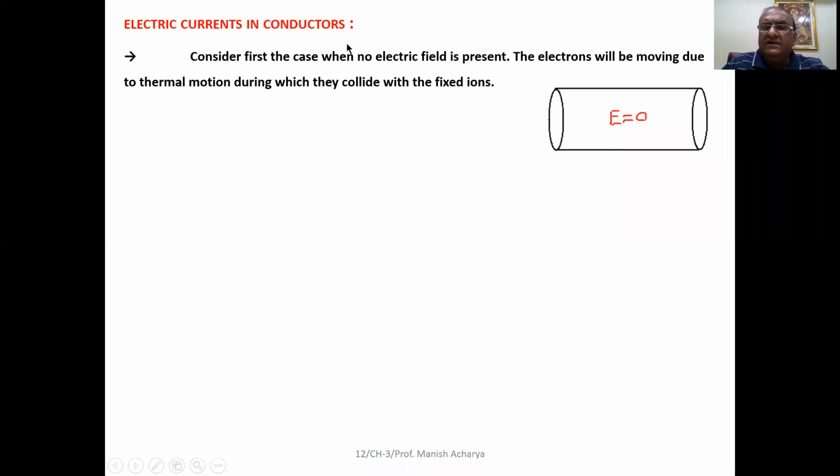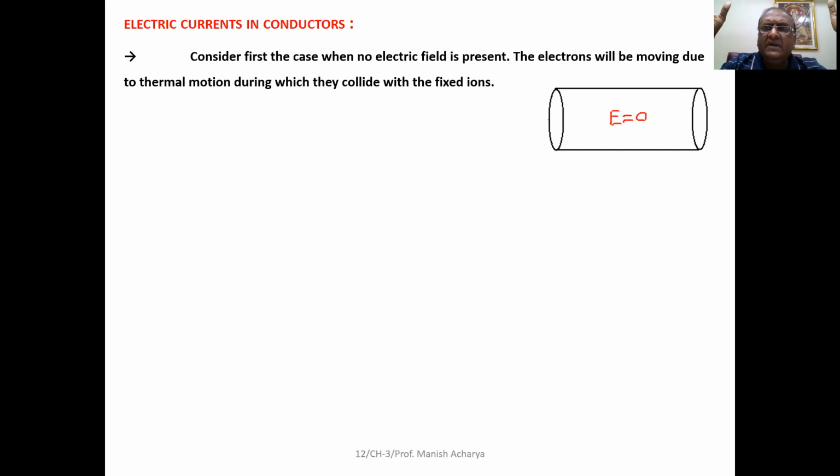Now, electric current in conductors. We discussed that when charge flows through any cross section of the conductor in a given time interval, then current is constituted.